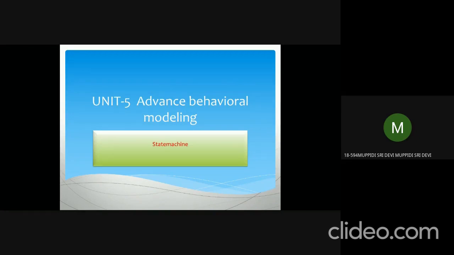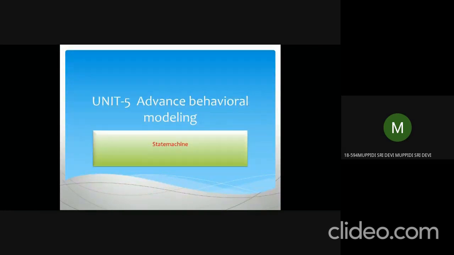In state machine, we will discuss only about the machine. We concentrate on the machine only. Whereas in state chart diagram, we will discuss some real world examples using state chart diagram.